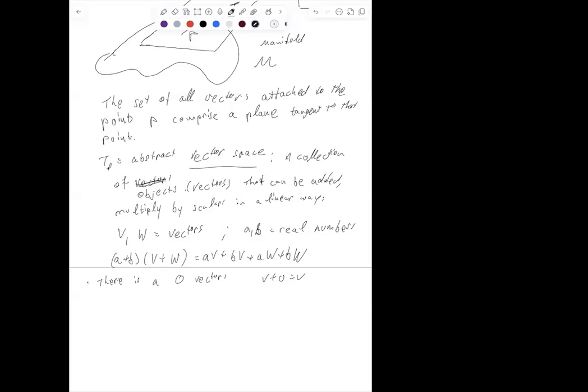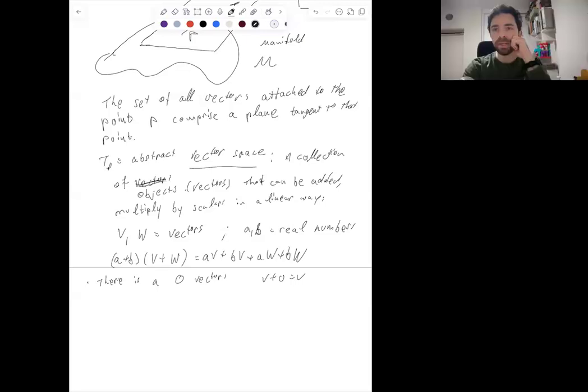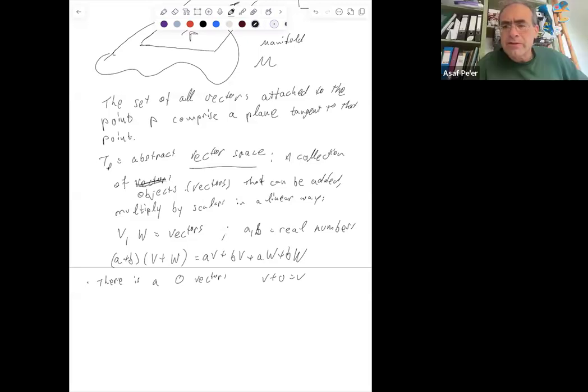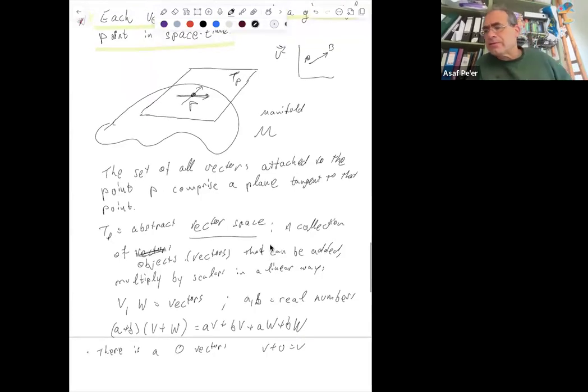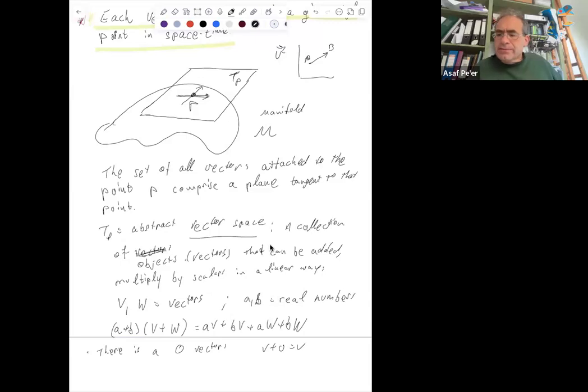So the manifold isn't a vector space? No, the manifold is not a vector space. We're talking about a tangent space to a point P on the manifold. The manifold is, I told you, some sort of geometrical space, which is locally Euclidean, but globally it is not.